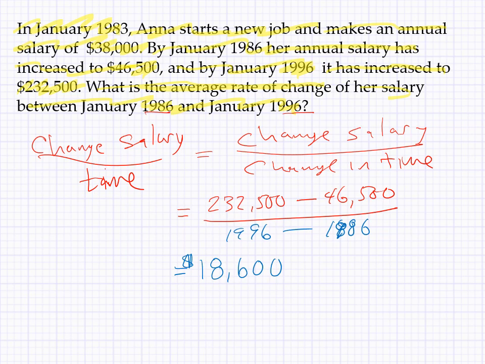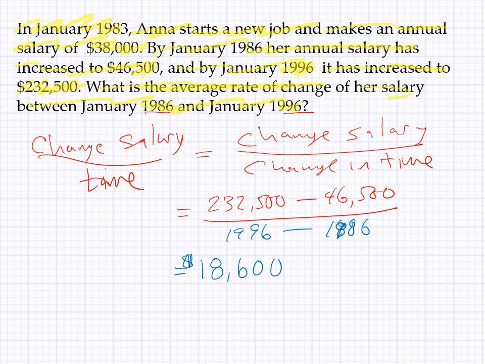Now, what is that saying? That's over the span of 10 years, on average, her salary was increasing by $18,600 in those 10 years. Okay? We could also then look at what happened in the first 3 years.